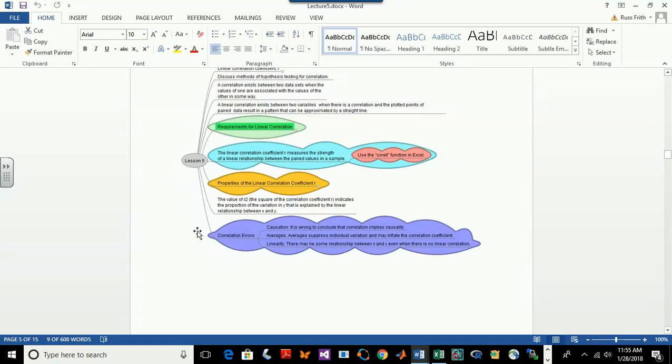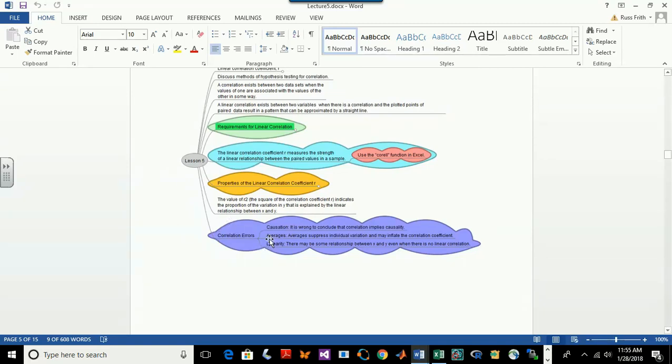And vice versa, if x decreases, it doesn't necessarily mean that y will decrease. So don't mistake the linear correlation coefficient as a means of causality. It just means that there's a significant or non-significant linear relationship between the data pairs.